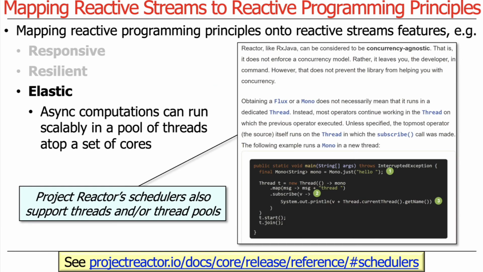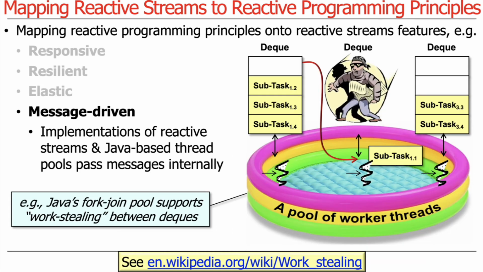Oddly enough, the schedulers that are defined in RxJava are not named quite exactly the same thing that they're named in Project Reactor and vice versa. I'm not entirely sure why, but they're not the same, but they play the same role. They allow the program fine-grained control over where computations will run, what thread or what pool of threads the computations will run in. And we'll talk a lot about that. It's very important to understand how schedulers work and why they're designed the way they are.